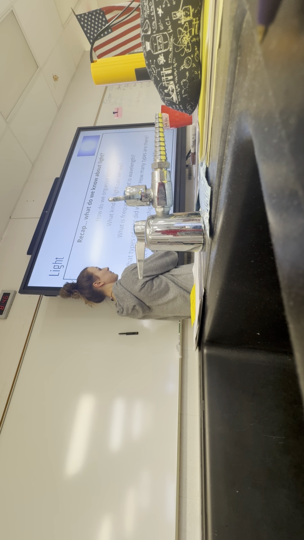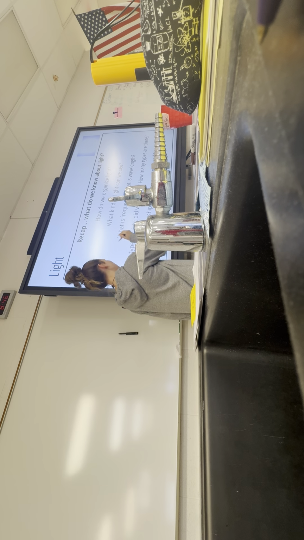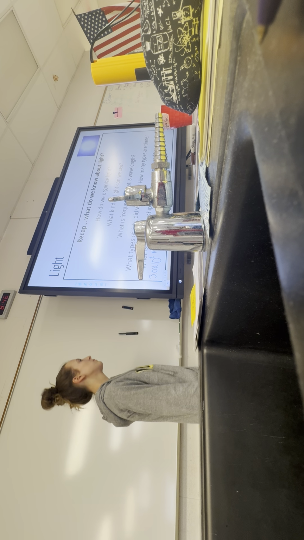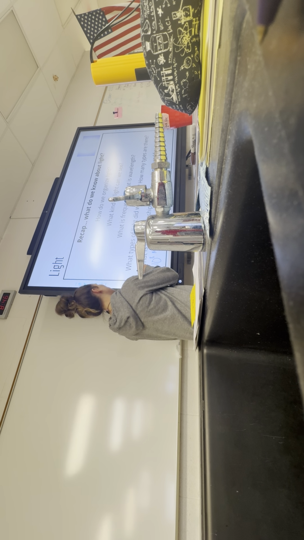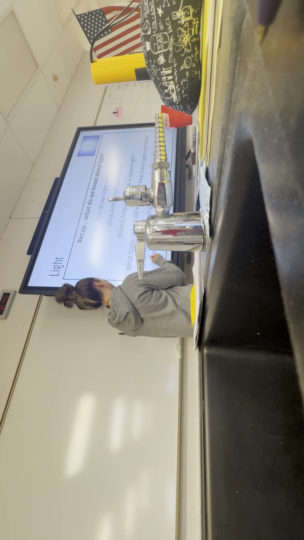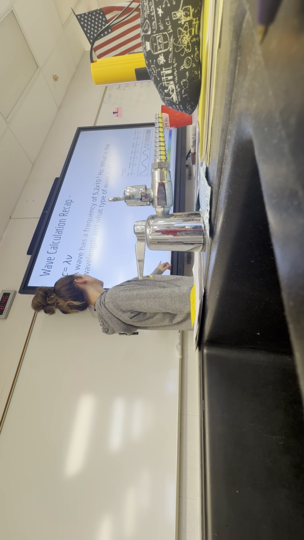Do you know the units? Meters per second. Fantastic. All light has in common the speed of light. And this could also be 3.00 as well. Both are correct. Are we good? Nice recap? Okay.